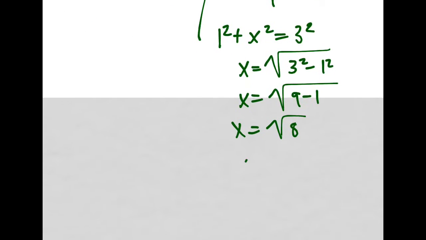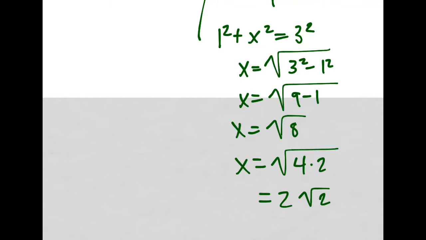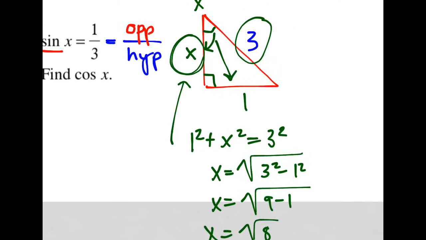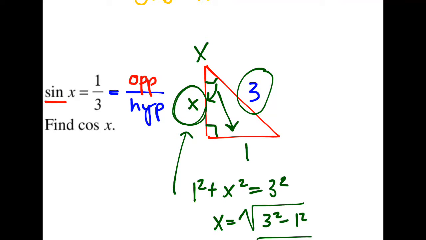Now we know the square root of 8, you could turn this into 4 times 2, so I could have 2 times the square root of 2. So 2 times the square root of 2 is most simplified form, and I could plug that into this side. So now I know that this side is 2 times the square root of 2.